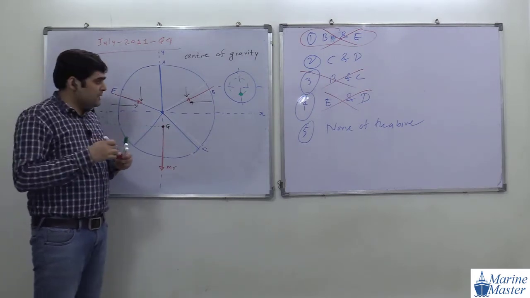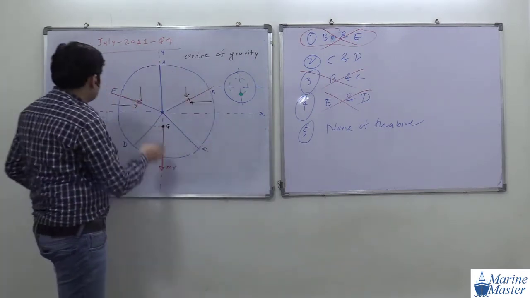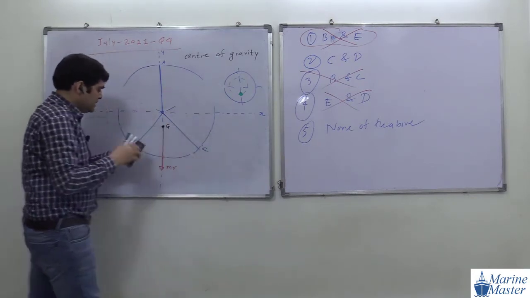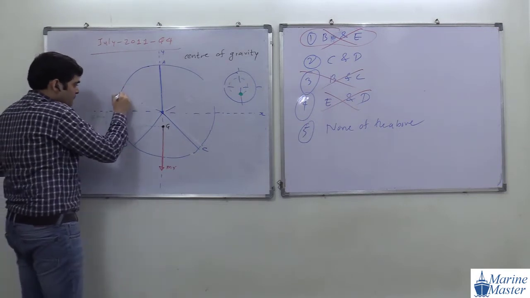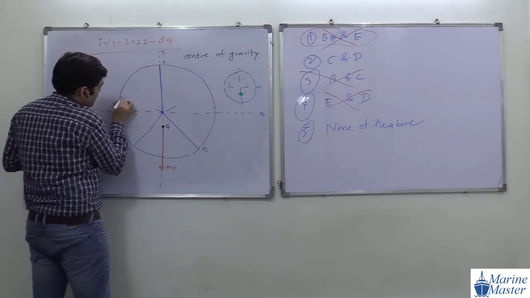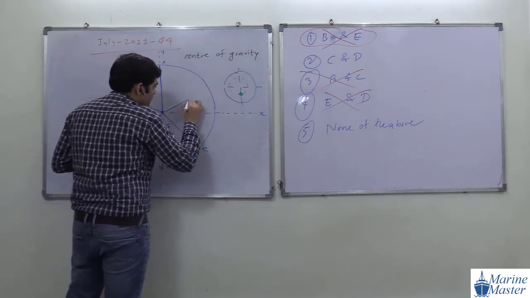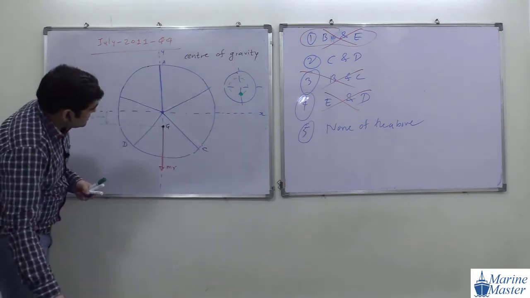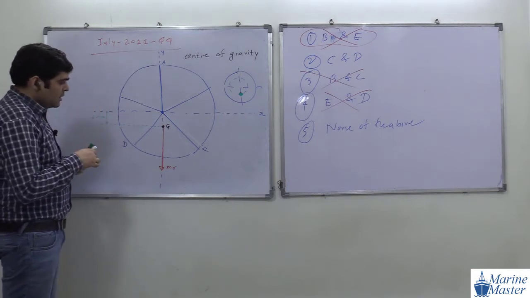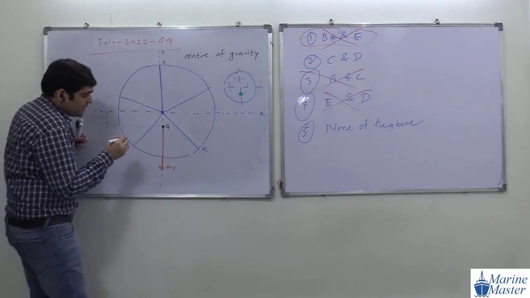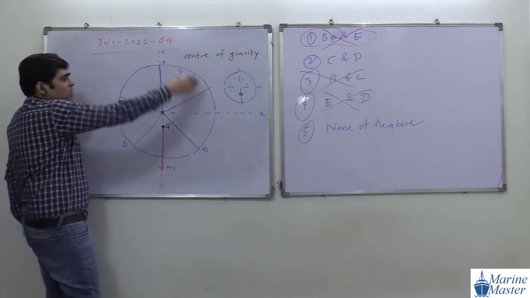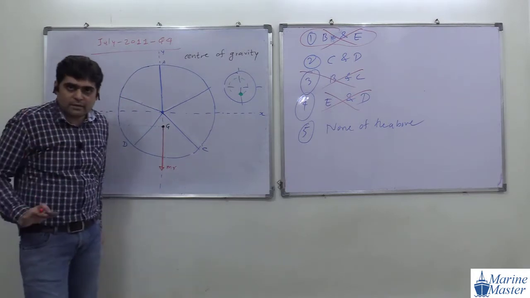So at the end, what is remaining? Suppose we are removing material from veins C and D. What is the total diameter of the impeller? 0.8 meter.